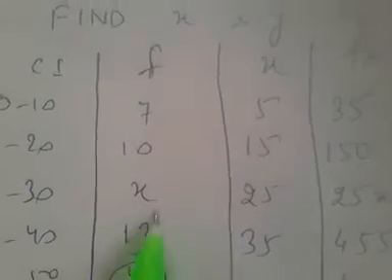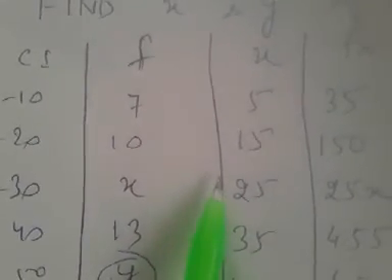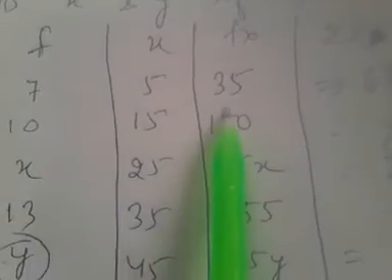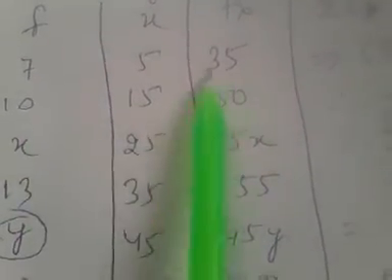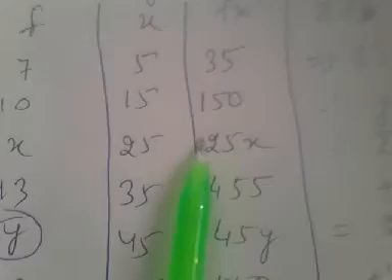Now the process will remain the same: to find out the class marks of the given class intervals as we have obtained earlier. Now by obtaining the class marks, we will find out the product fx. It will give us the same terms as in the previous question, but here for y we have 45y and for x we have 25x, though it was the same over here in the earlier question.